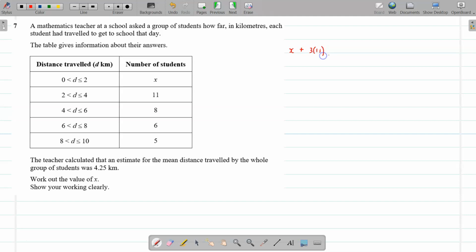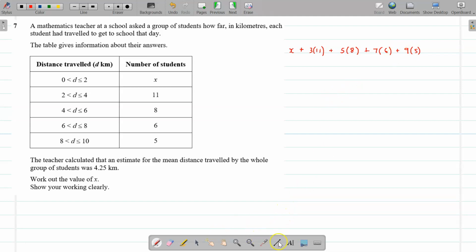Then I had the midpoint of this, which is 5 times 8. And then I had the midpoint of this, which is 7 times 6. And finally 9 times 5. So I added all that together, the midpoints times the frequencies.